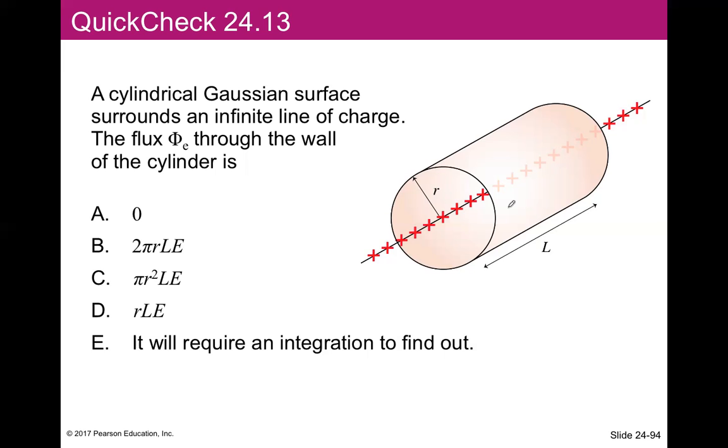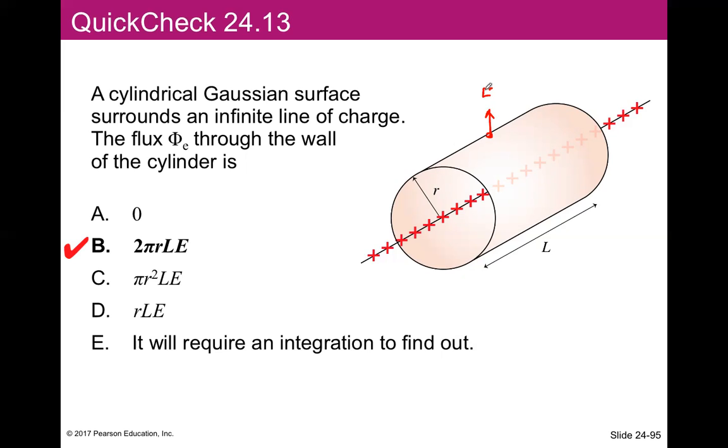Okay, let's try. So who's going to choose A or B or C or D or E? Okay, so it's B. So let's say the strength of the electric field is E.